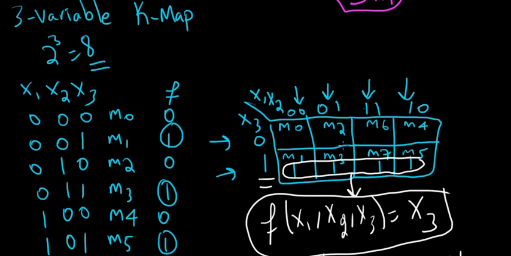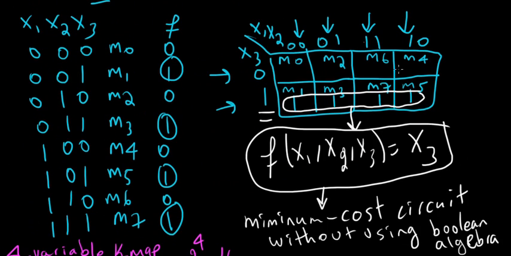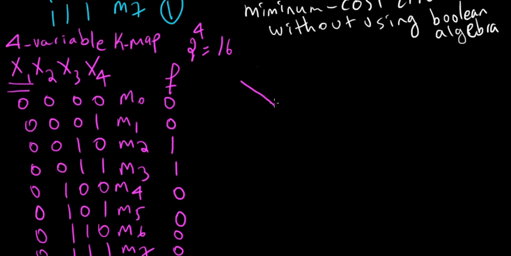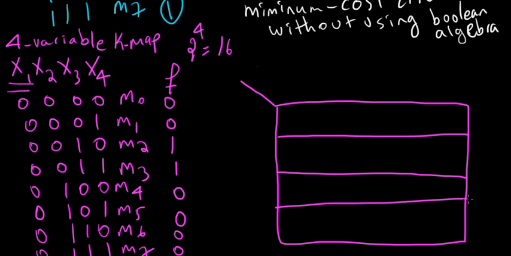Because this is 8 cells, the 4-variable KMAP will have twice that, which is 16 cells, and it will look like you're putting 2 of these one on top of each other, and I'll just show you now. It'll be a bigger square than the 2-variable one. It's a good habit to go center, center, so try your best to make it look even.